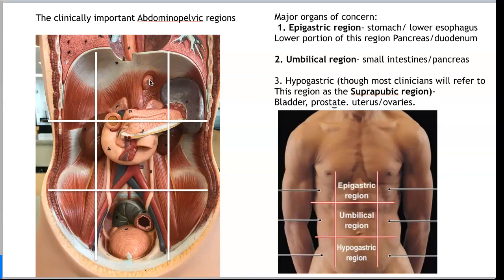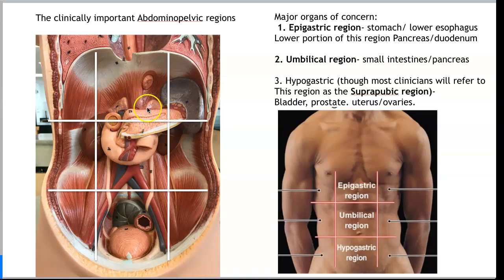The lower esophagus. This is the distal esophagus, the lower part of the esophagus. Could you have some reflux where the esophagus is being irritated with acid and you're getting burning esophageal pain? Could you have a gastric ulcer? That would all be in this epigastric region. Also within the epigastric region is this organ that will give you intense pain.